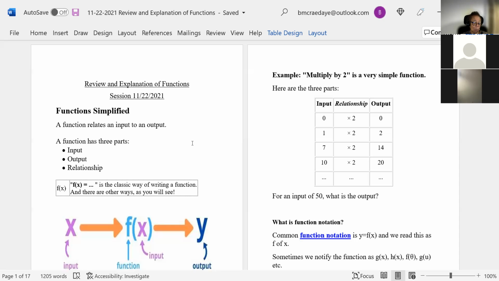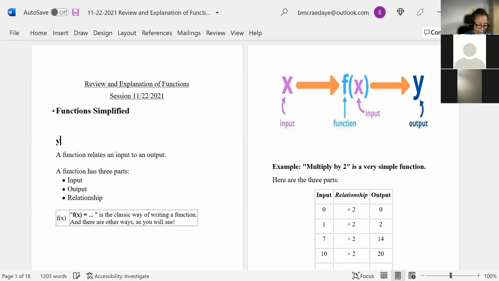So when we looked at linear functions, we had an input and we had an output, right? When we said y equals mx plus b, that's really a function. I'll just put a small y. That's a function.